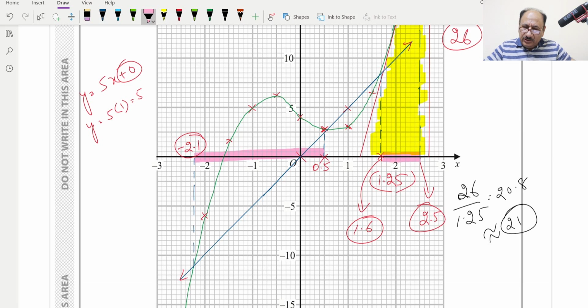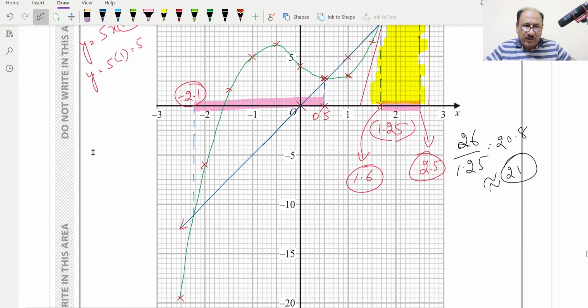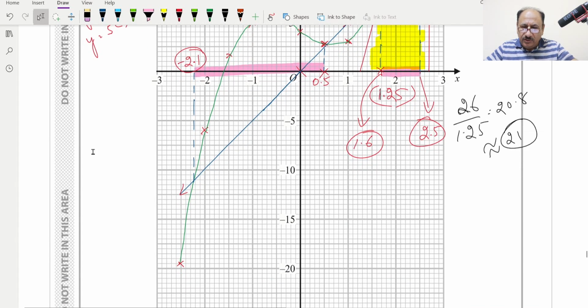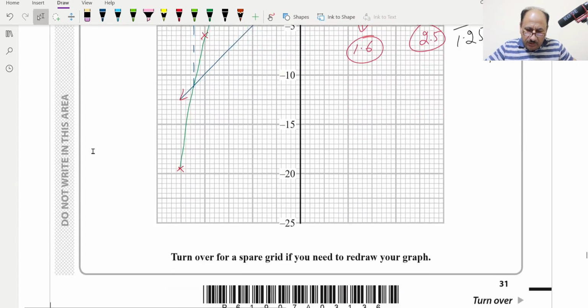So those values we will mention as our answer, in between minus 2.1 and 0.5.